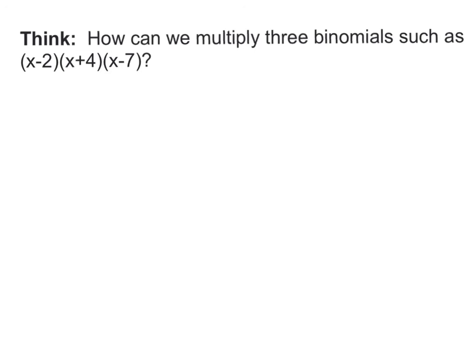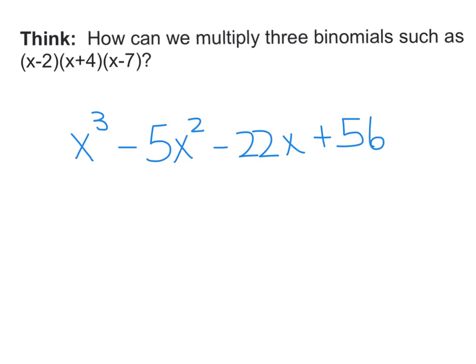I'm going to tell you that the solution should be x to the third minus 5x squared minus 22x plus 56. So I want you to think about how you can multiply those three binomials together. Give it a try and see if you get this solution. And we'll be talking about this problem tomorrow in class.